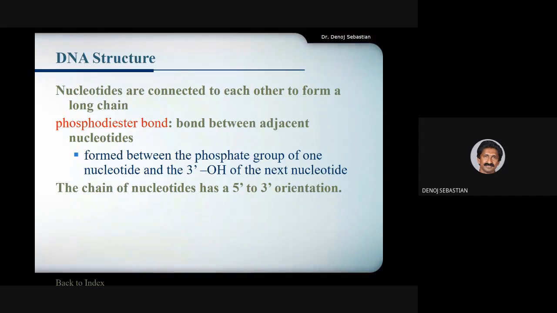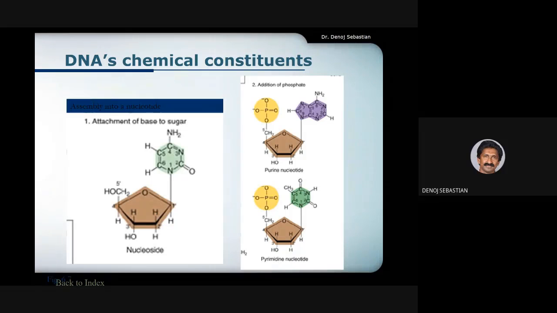The chain of nucleotides has a 5' to 3' orientation. That means the sugar-phosphate backbone of DNA or RNA is made in the 5' to 3' orientation by connecting the phosphate group and the 3'OH group.